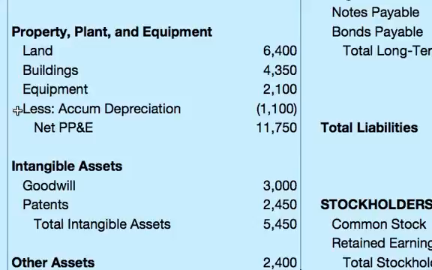This is where accumulated depreciation is listed, which just brings you to the correct value of the equipment. That's a whole other discussion. And intangible assets such as goodwill and patents, those are also long-term assets. Usually, even if they're being amortized, they'll be around longer than a year, so they're listed in long-term assets.